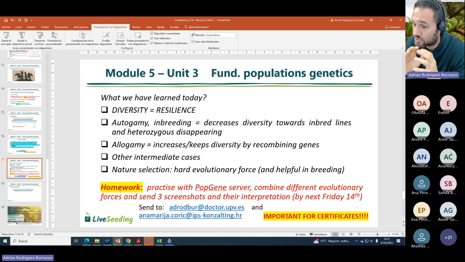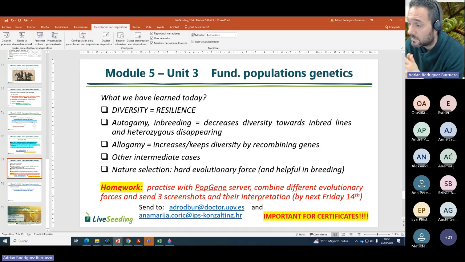Probably this is because of the climate change. This is because of nature, which is collaborating with our breeding effort. So natural selection is a powerful evolutionary force and also helpful in breeding.